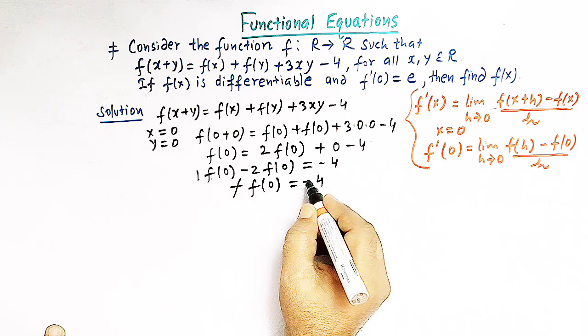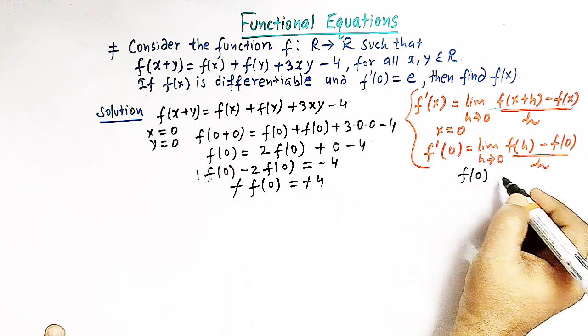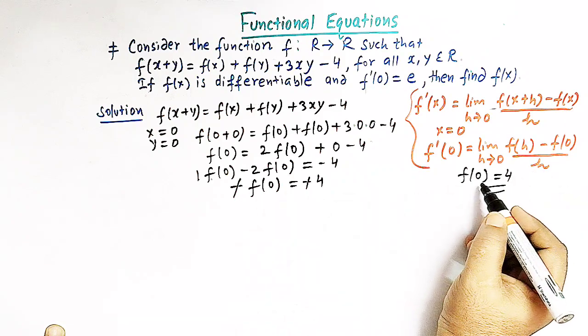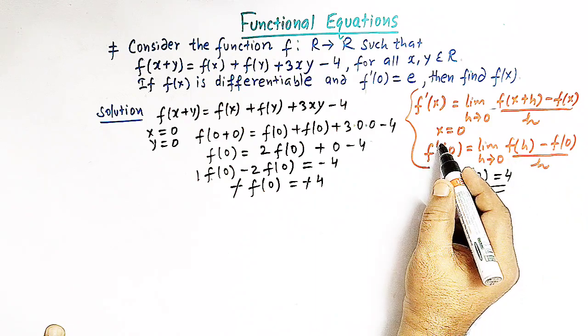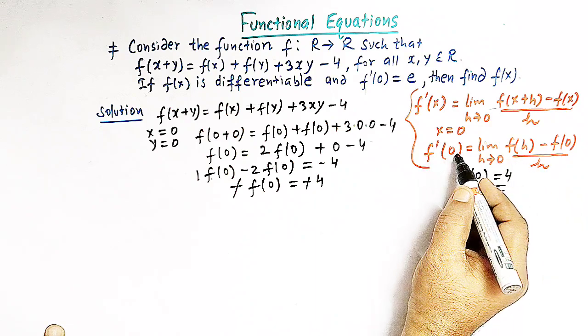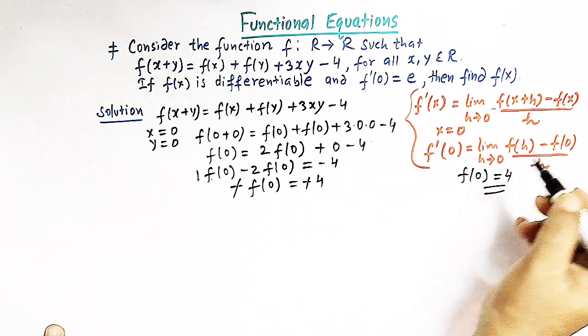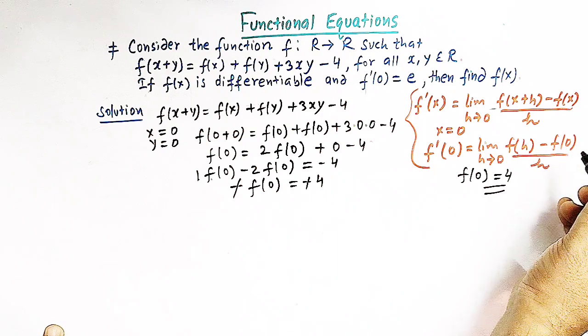So minus and minus get cancelled, so we have now f of 0 is equal to 4, right? We'll utilize this value when we find f prime of 0, because here we have f of 0, so we'll substitute f of 0 is equal to 4 over here.